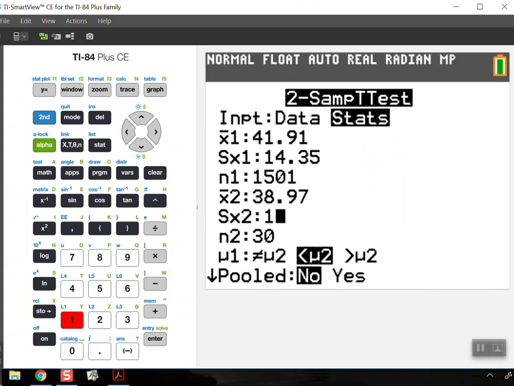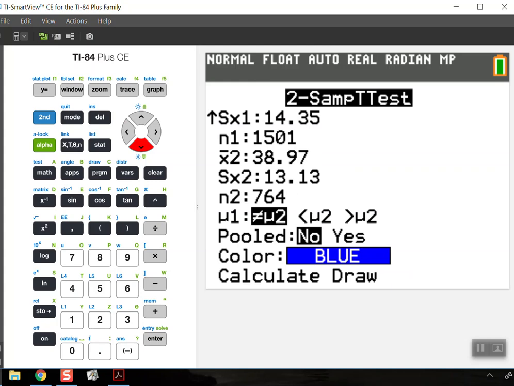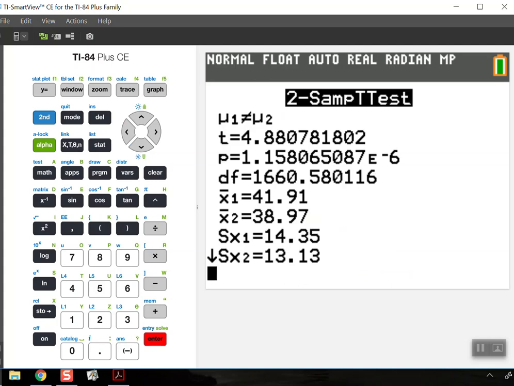Standard deviation is 13.13, and I had 764 people. My alternative hypothesis was not equal to. Pooled is always no. Here, my t-value is the same that we got using the formula, 4.88.